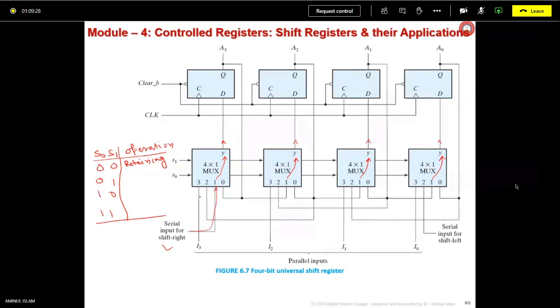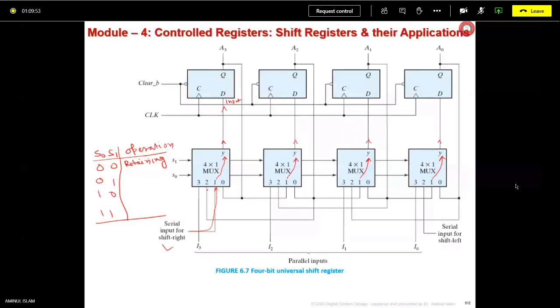So serial data will be inputted here, and that will be stored when the clock arrives. The input is getting the path up to this point, coming to this mux. When the clock arrives, it is going to store here.